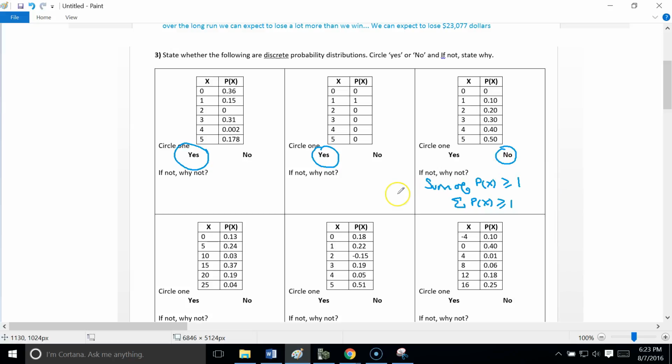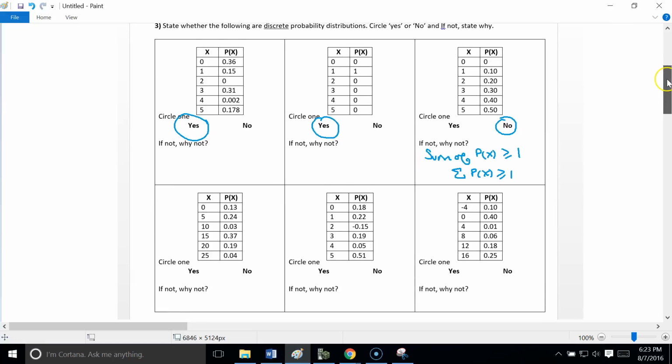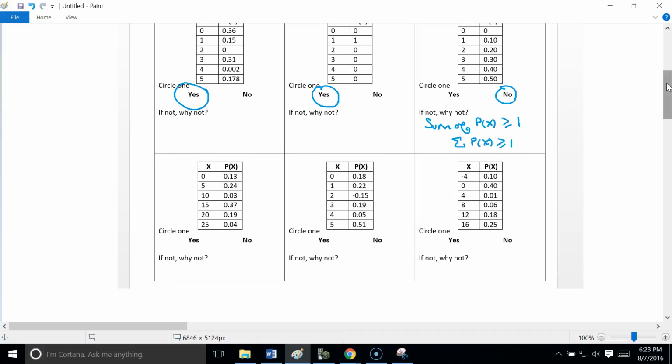Either one would be fine, and that would indicate that it failed that rule. The sum was greater than 1. You can also add them up and say that they sum up to 1.5, I believe. So sum of p of x equals 1.5, which is greater than 1. So that's why it fails.